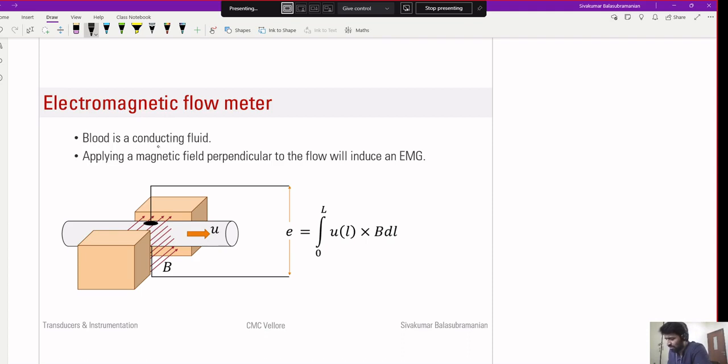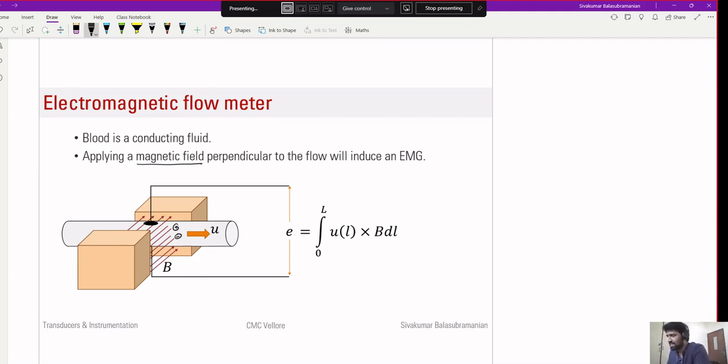We know that blood is a conducting fluid. So one way to measure the velocity of the fluid is by applying a magnetic field perpendicular to the flow of your conducting fluid, and monitoring the voltage that is developed across the vessel, because you have positive and negative ions flowing through this blood vessel.